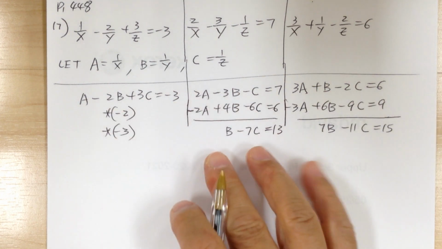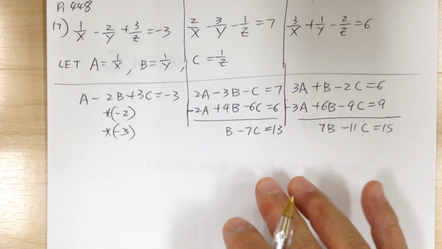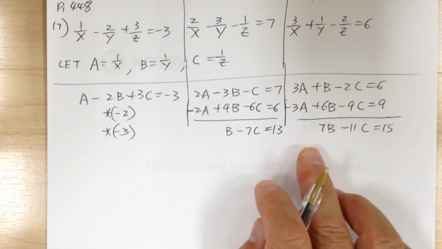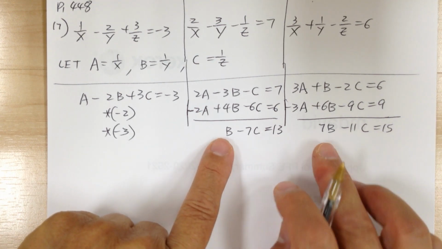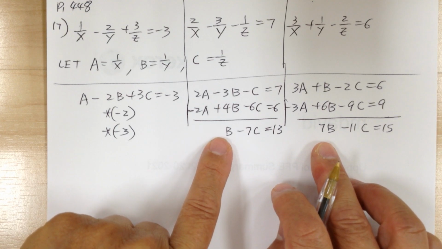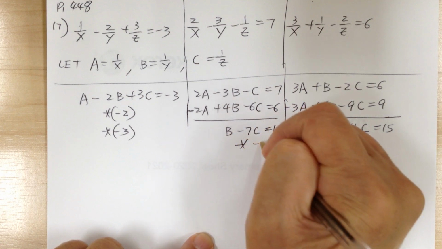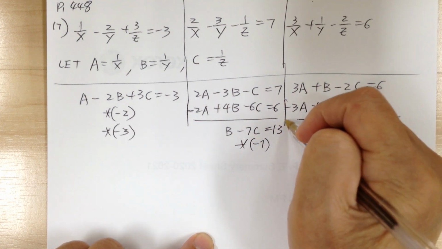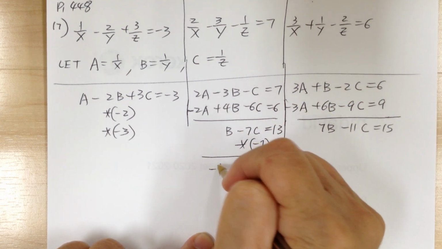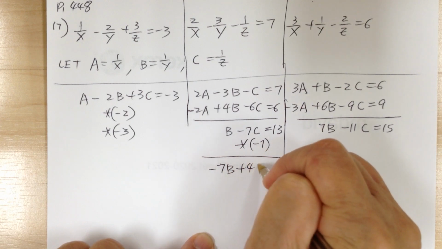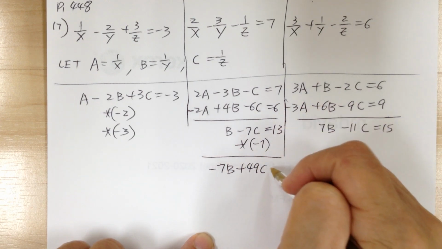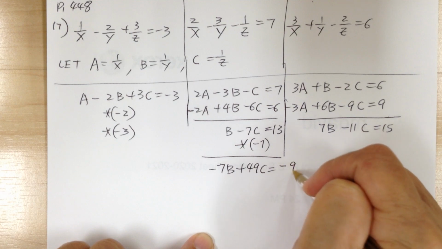Now I end up with 2 variables, 2 equations. So now I'm going to eliminate either the b or the c. Now b has a lower coefficient, so it's easier to eliminate the b. So I'm going to multiply this by negative 7 to make them opposite. So I get negative 7b plus 49c equal to negative 91.